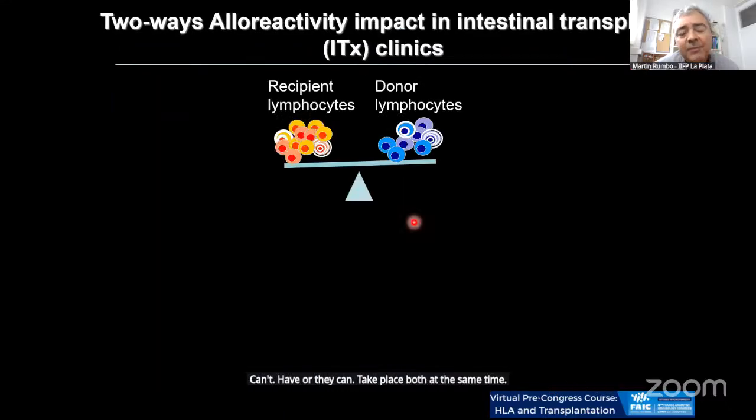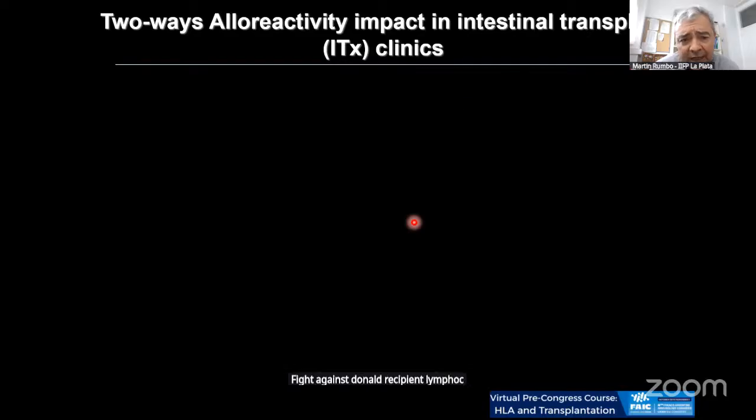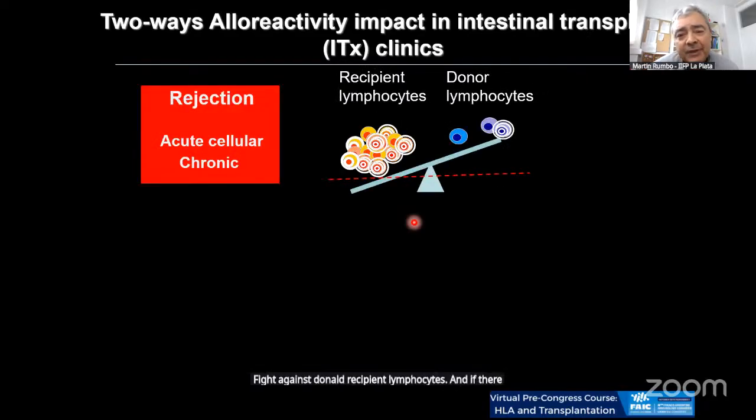So in a very simplistic way of thinking, we have this fight between donor and recipient lymphocytes. And if there is just an over response or an overexpansion of recipient lymphocytes, we will have rejection reactions.